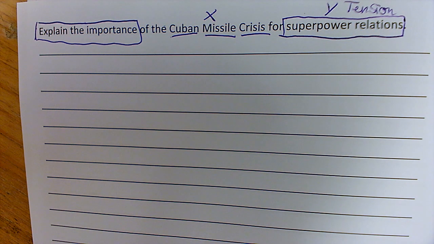There's usually 1 other which is on something slightly different. In last summer's exam, it asked you about Czechoslovakia and the Prague Spring and its importance for the Soviets' control of Eastern Europe. That's a slightly trickier question. So I'd encourage you to read all 3 carefully, work out which ones are about tension, and probably answer those, because they're a little bit easier.